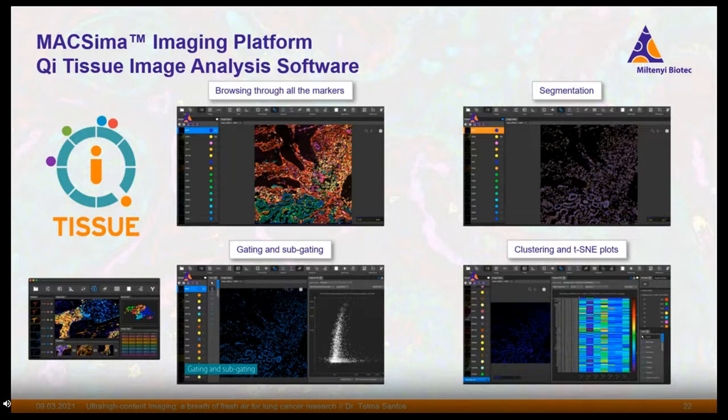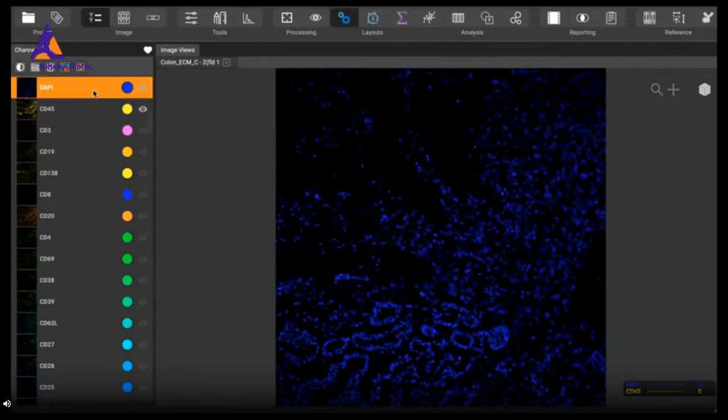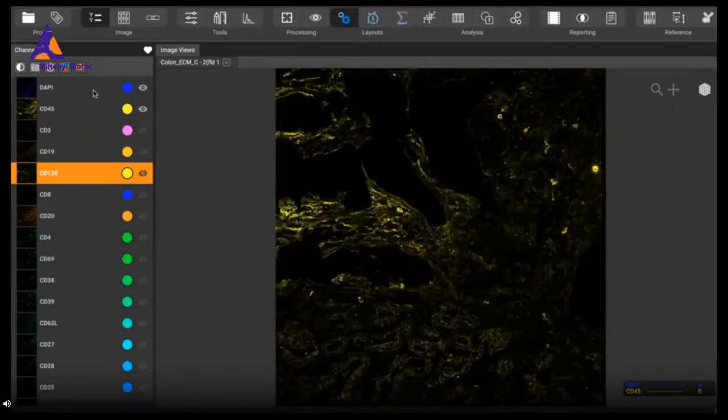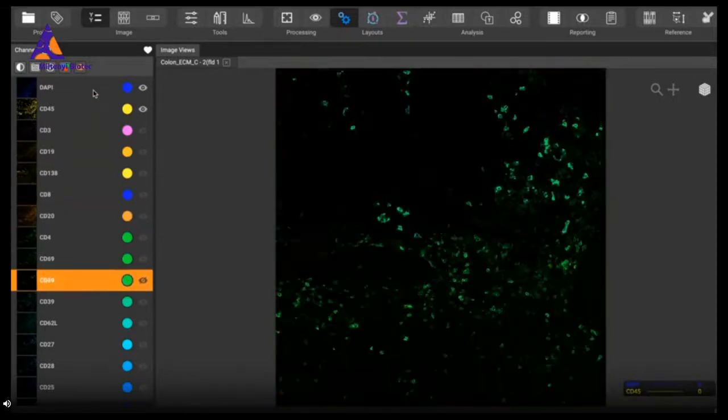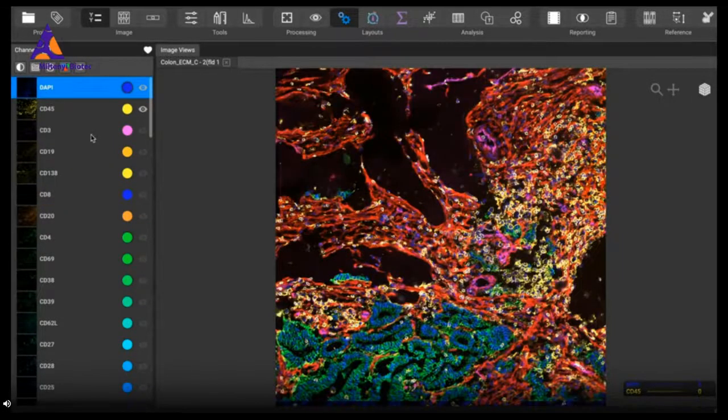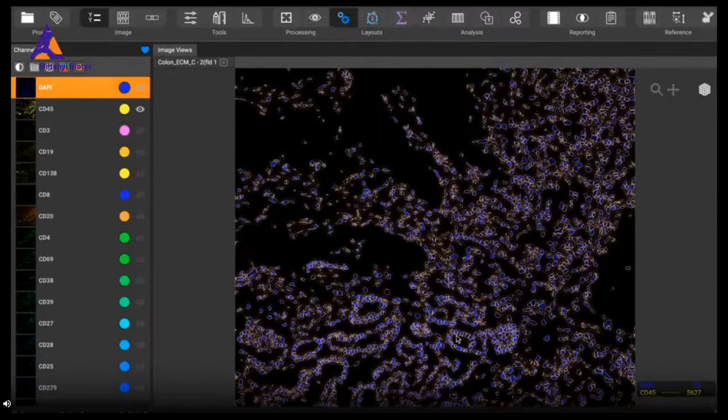It has been developed for this kind of data set especially, and it offers a variety of features. Here I just want to show you a couple of them for you to have an idea what the software looks like. You can easily see all your markers from your run. This is a very nice way to visualize all your data.